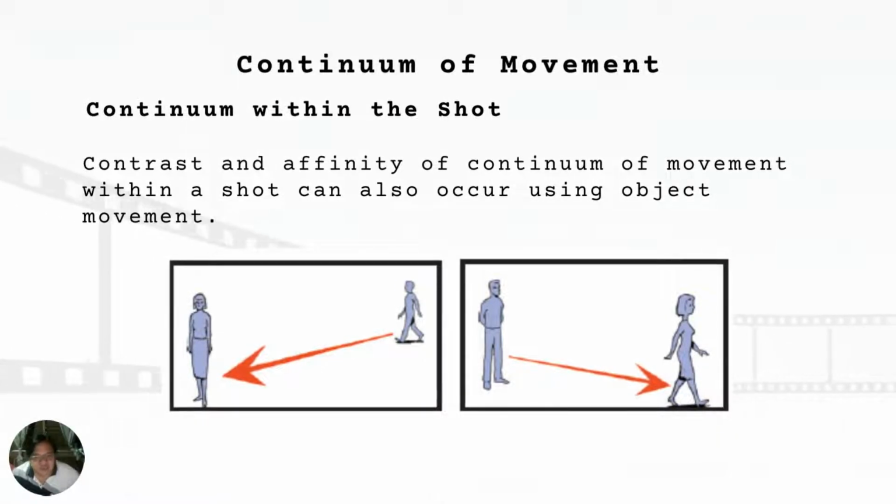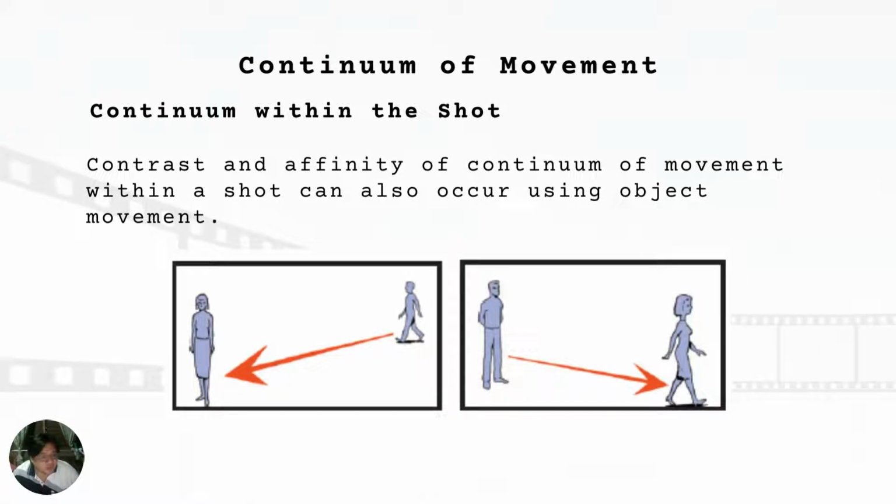Okay, contrast and affinity of continuum of movement within a shot can also occur using object movement. Affinity of continuum occurs when moving objects hold and lead the viewer's attention. A man enters a frame and walks to a waiting woman, for example. The man stops next to the woman, and after a moment, the woman walks away.